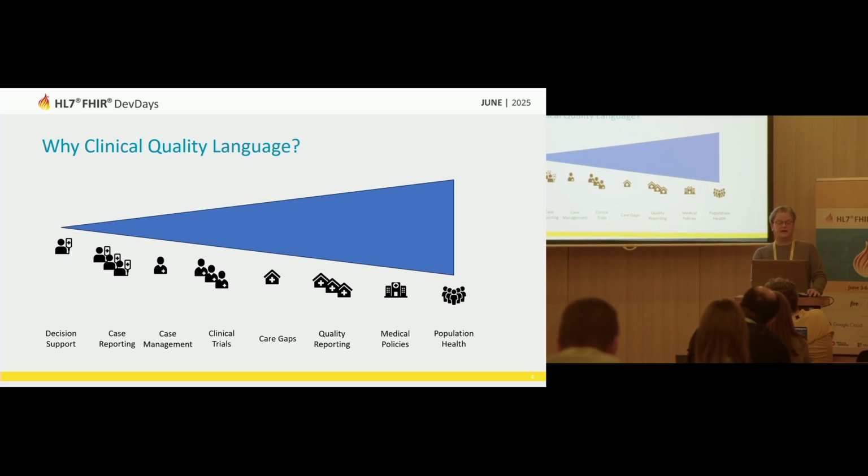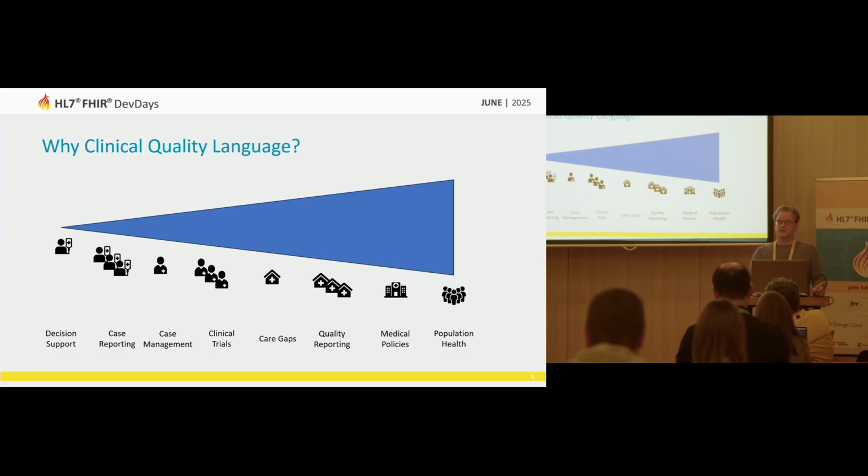So then let's say why Clinical Quality Language. I need a formalism that can let me express and share clinical logic all the way from single patient decision support all the way up through population health across the entire spectrum. When we built CQL, it was focused on harmonizing between those two domains.